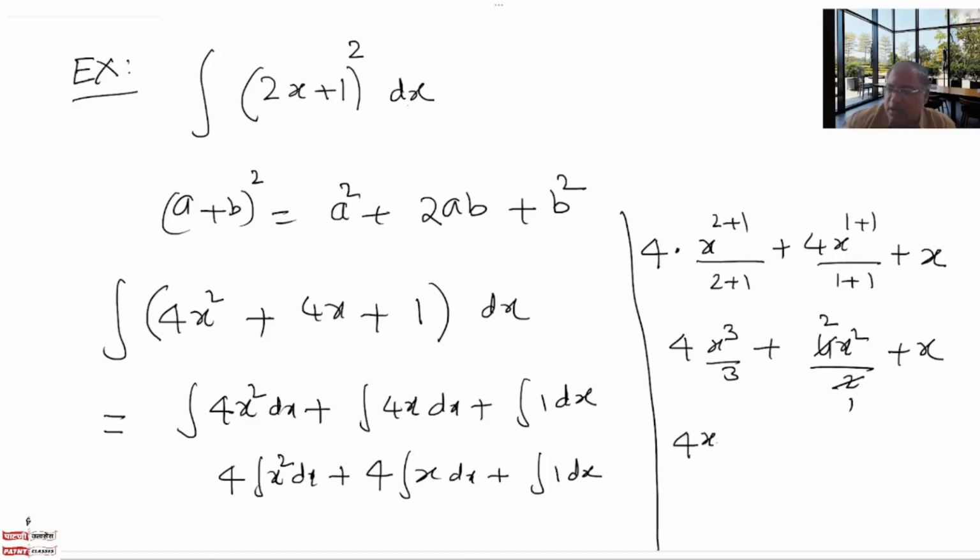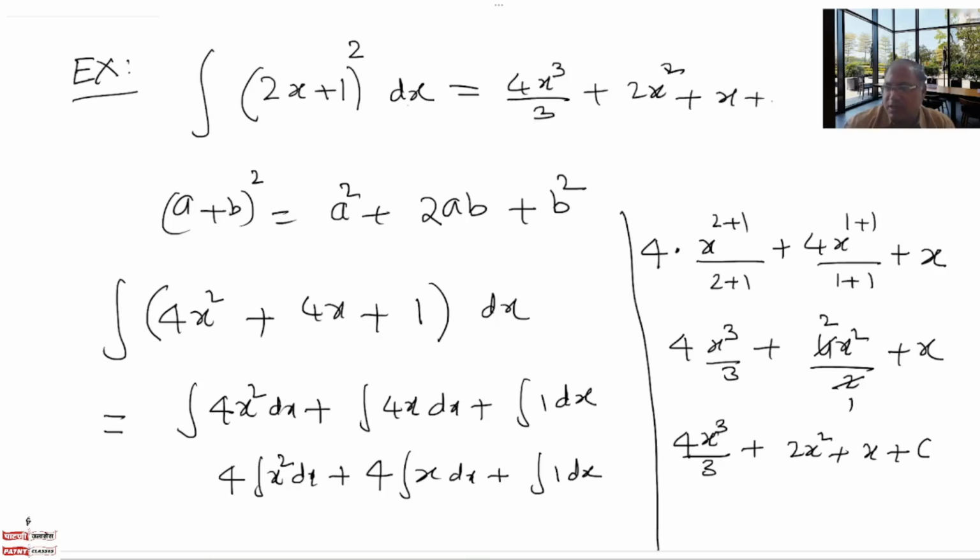So I got 4x cube upon 3 plus 2x square plus x plus c. Therefore, integration of (2x plus 1) whole square dx equals 4x cube upon 3 plus 2x square plus x plus c. This is the required answer by the expansion method.